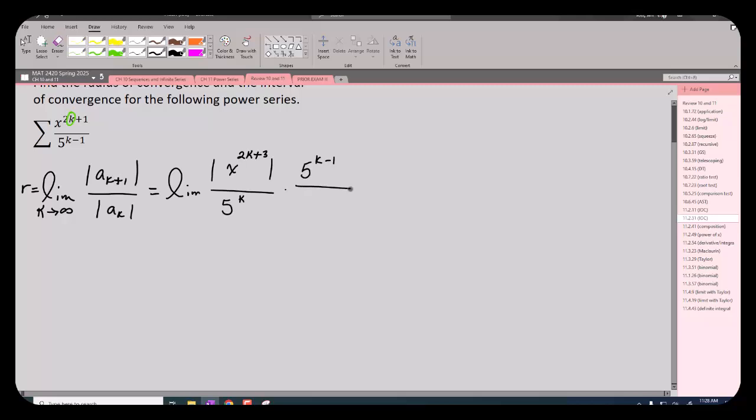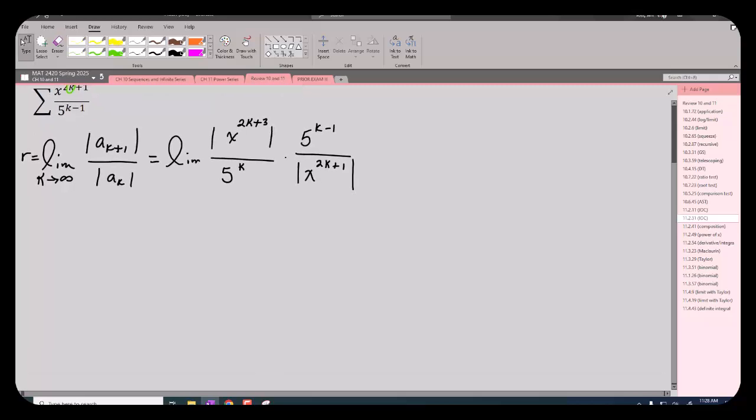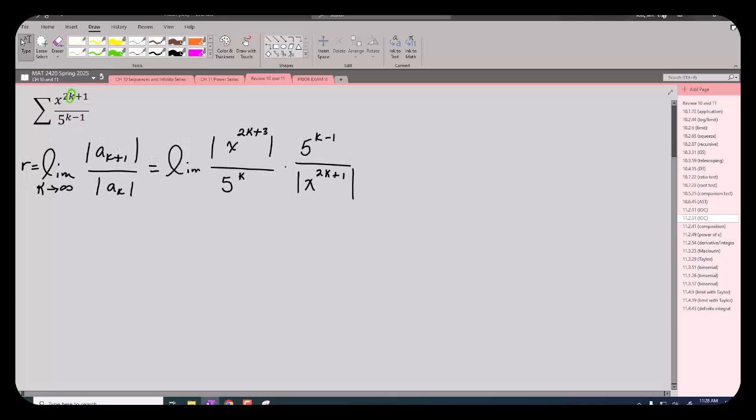And in the denominator, we're going to have absolute value of x to the 2k plus 1.